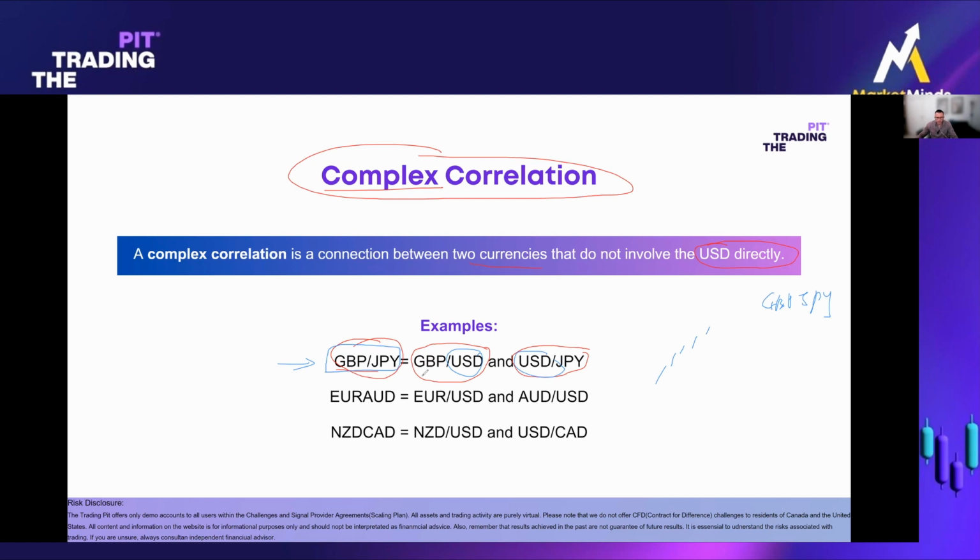So the chart, Great British Pound, Japanese yen, moves in a way that it's the outcome of what happens with the Great British Pound, US dollar combined with the US dollar, Japanese yen.